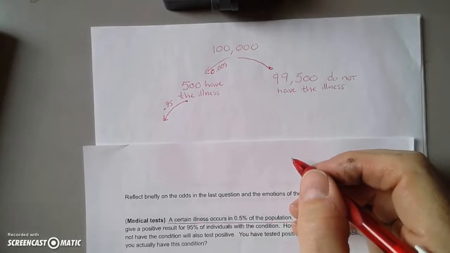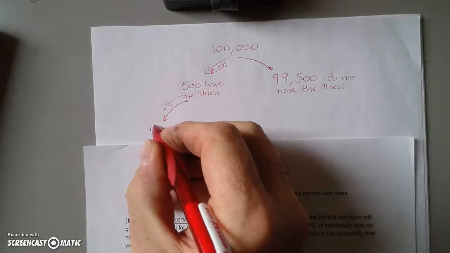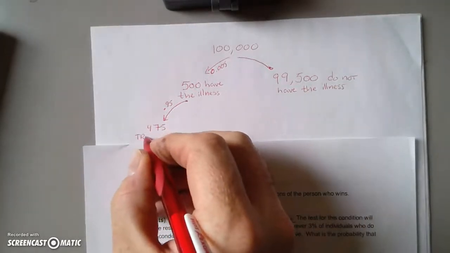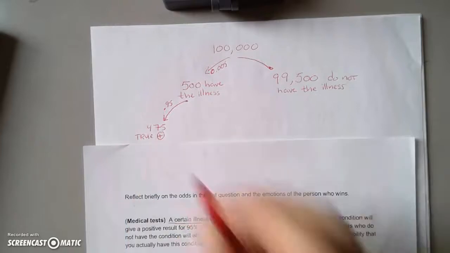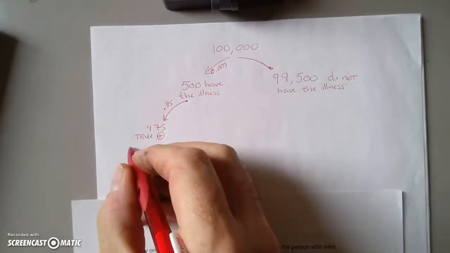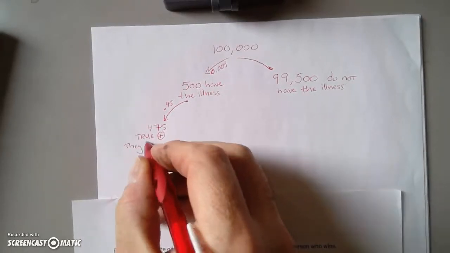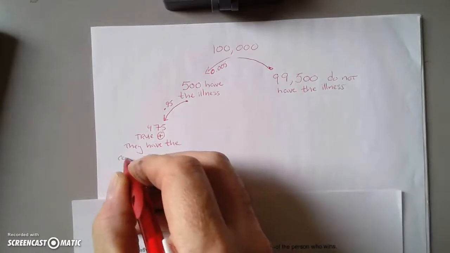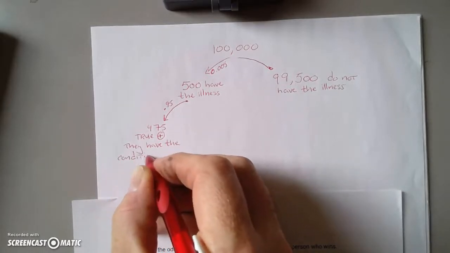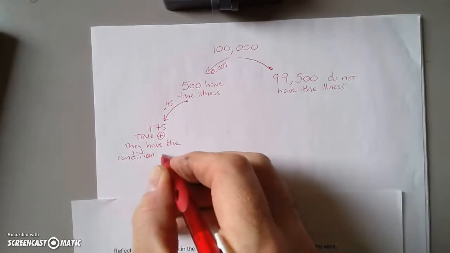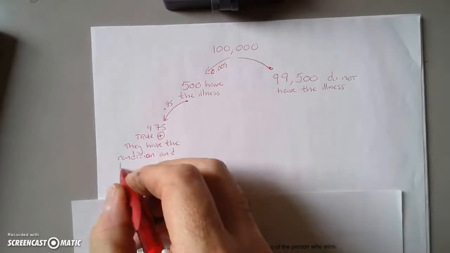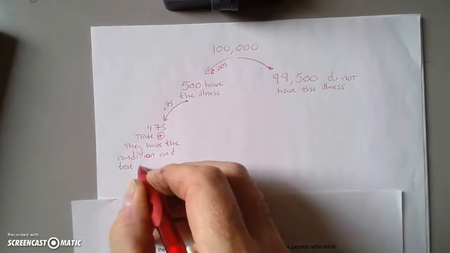Well, 95% of 500 is 475. These are true positives. So this means they have the condition, and the test agrees. The test catches it. The test reports it.